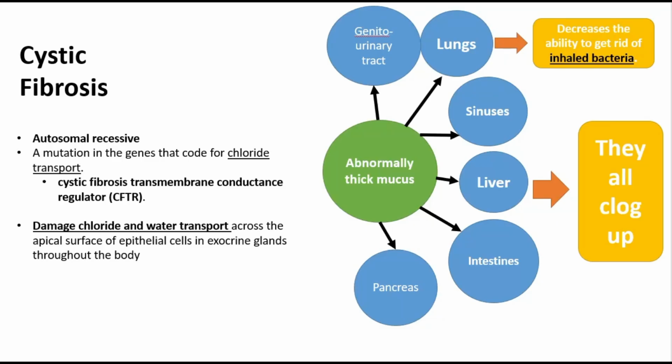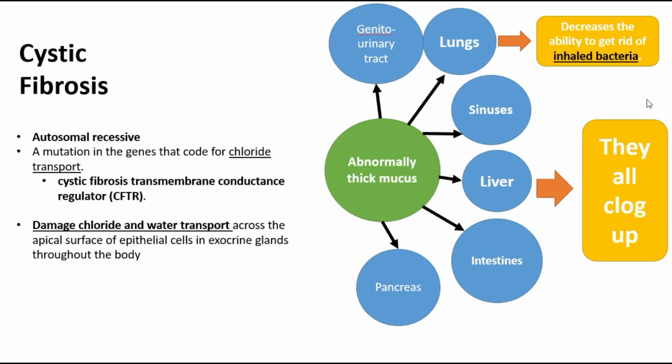Cystic fibrosis is an autosomal recessive disease, a mutation in the genes that code for chloride transport, which affects the cystic fibrosis transmembrane conductance regulator, in short CFTR. This will damage the chloride and water transportation across the apical surface of the epithelial cells in exocrine glands throughout the body.